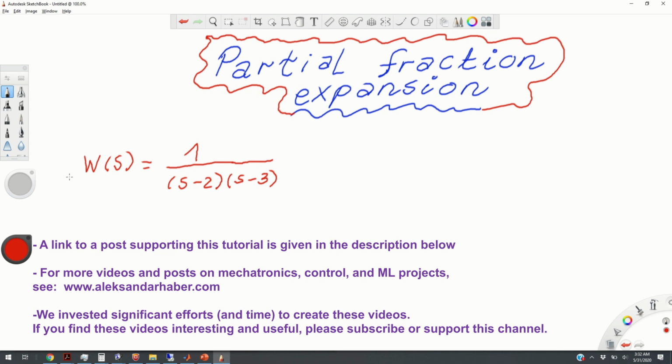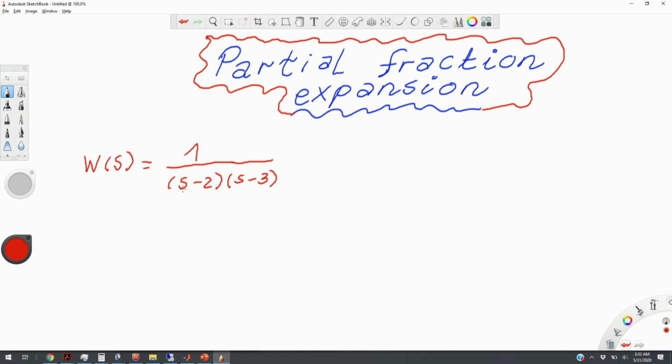For example, say that you have a function W(s) equal to 1 over (s minus 2) multiplying (s minus 3), and we want to represent such a function as a sum of simpler terms. Let's say A over s minus 2 plus B over s minus 3.